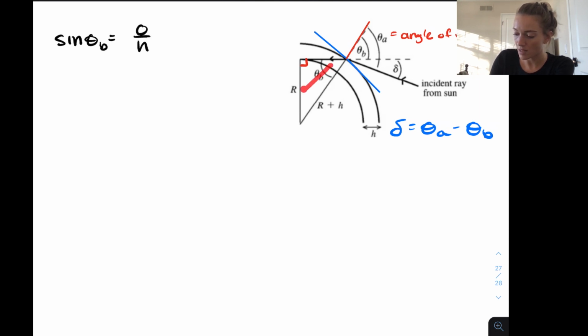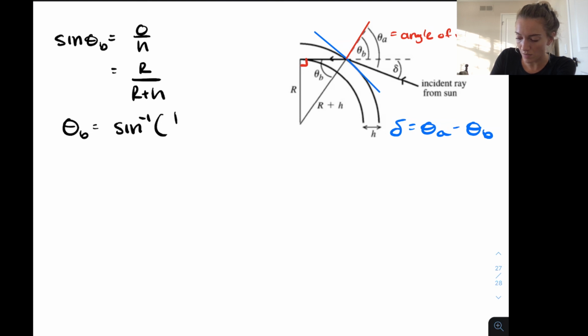The opposite is this side, the radius of Earth R, and the hypotenuse over here is R plus H. So sine theta B is just R over R plus H. And now I can take the inverse of both sides to get an equation for theta B by itself. So theta B is sine inverse of R over R plus H.